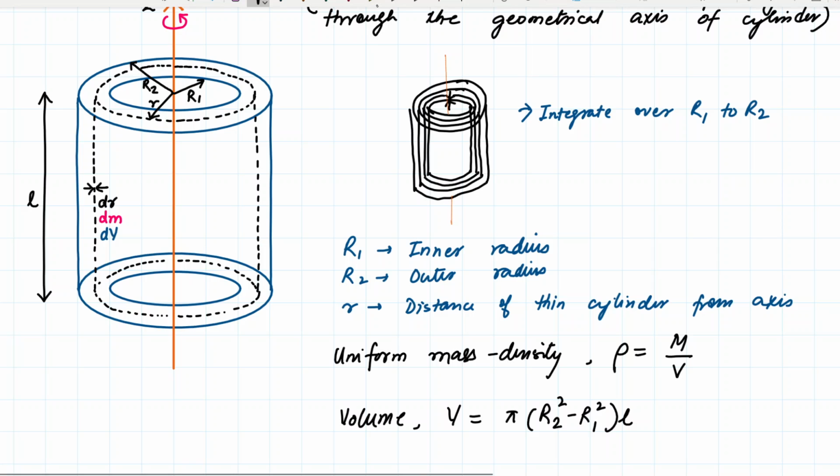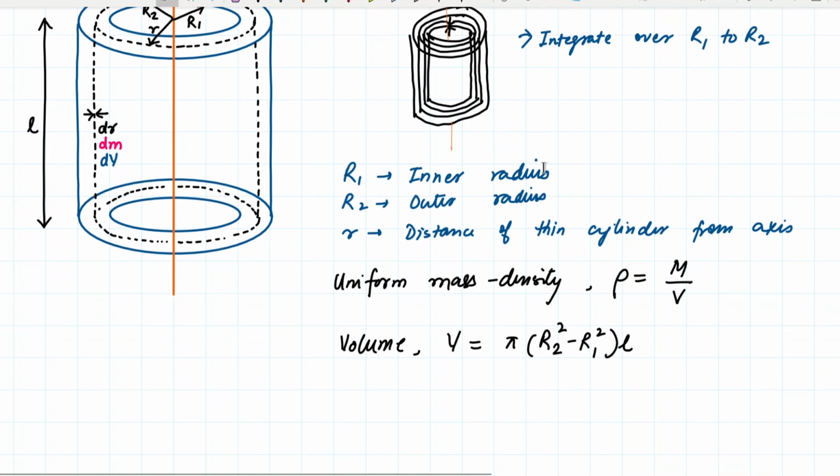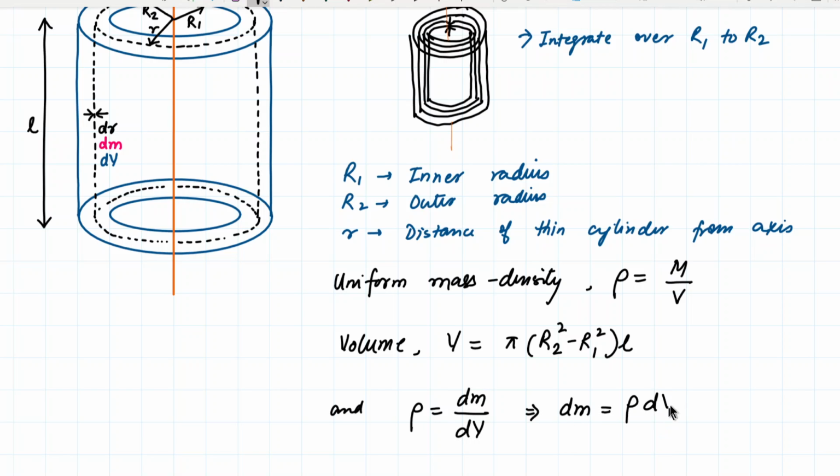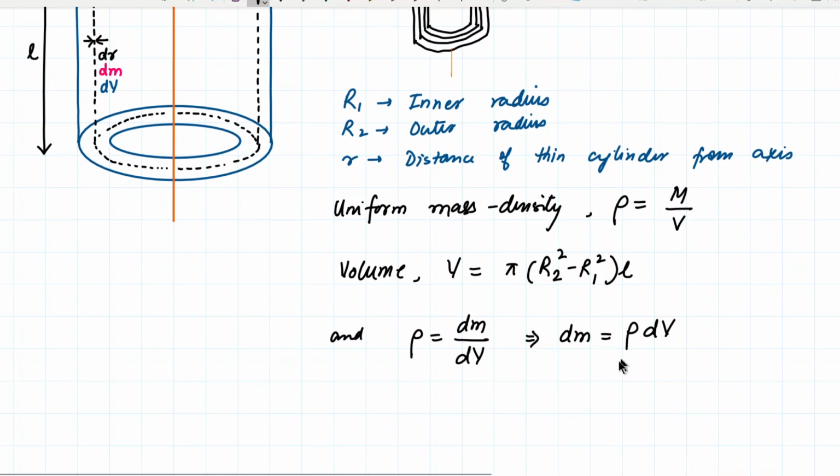With uniform mass density, rho is also equal to dm upon dv, which simply means that dm is equal to rho dv.